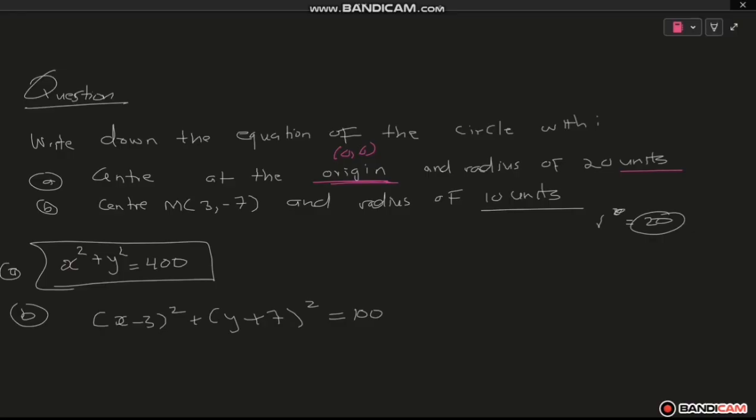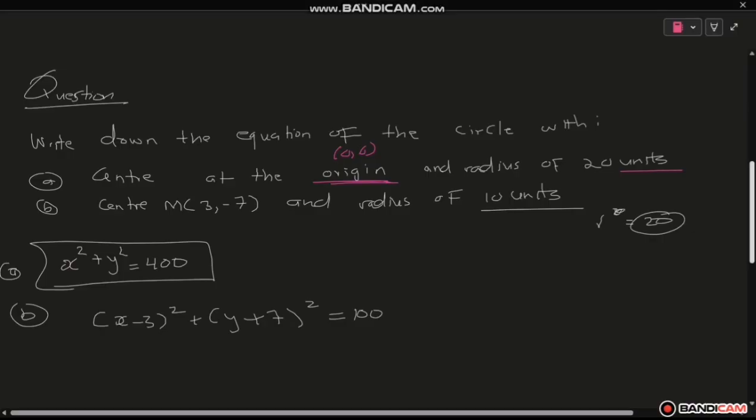So this is the equation of the circle. So you can see all of these answers are in their standard form. So we are happy. I hope you are getting this, guys.